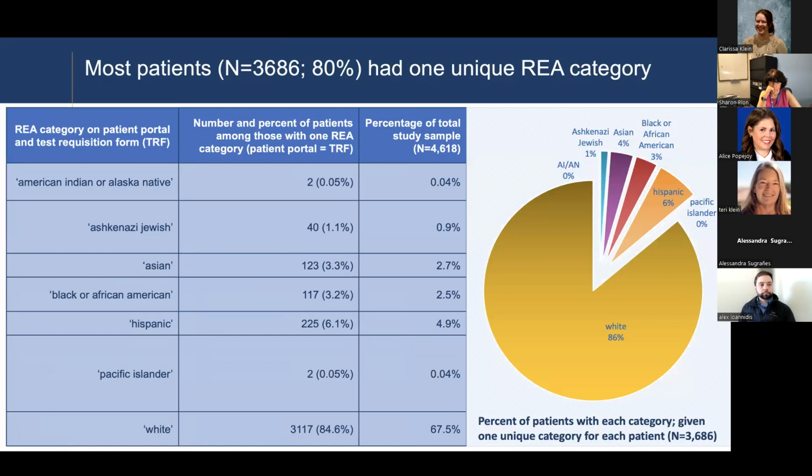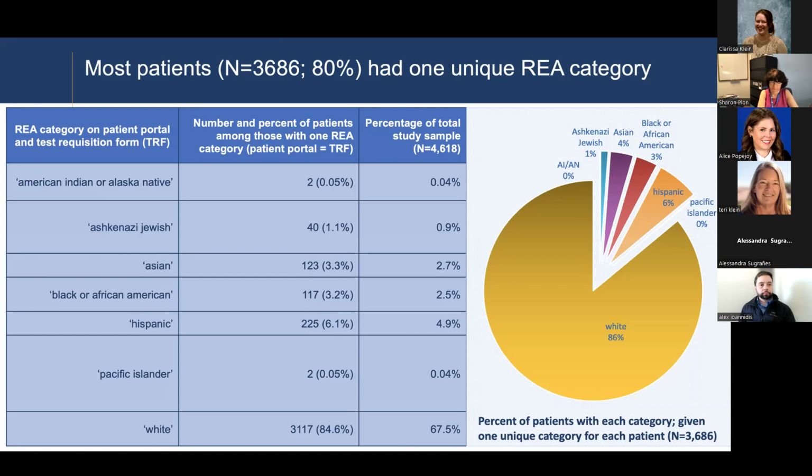As you know, one of the challenges in this space is representing the demographics in a more nuanced way that allows for multiple identities for a patient. In this case, we're looking at the majority, about 80% of our study sample, 3,686 individuals who had just one unique category.